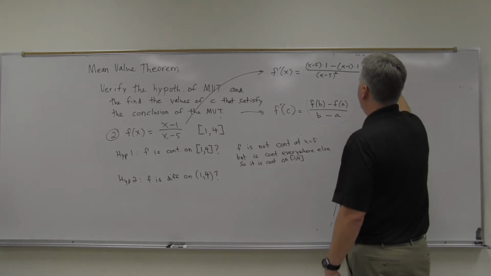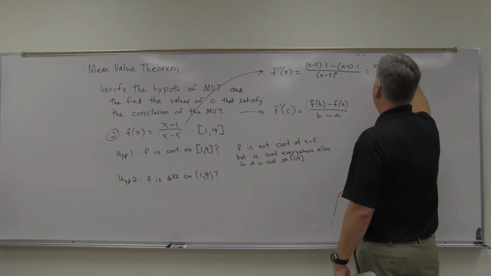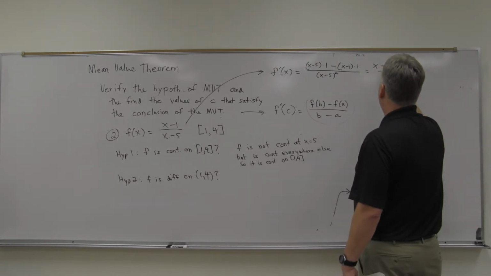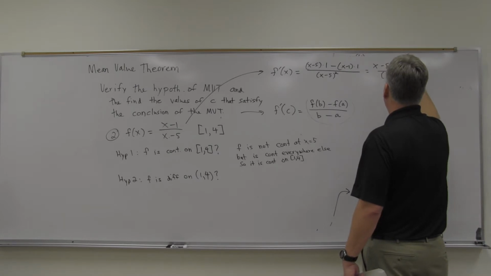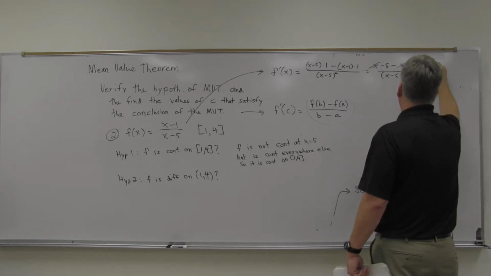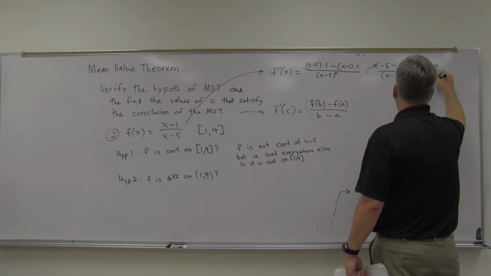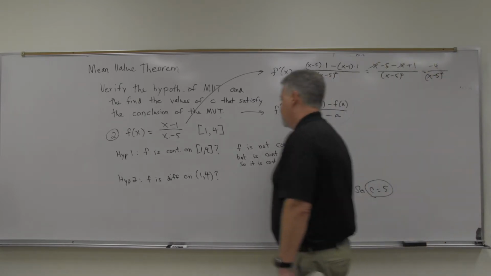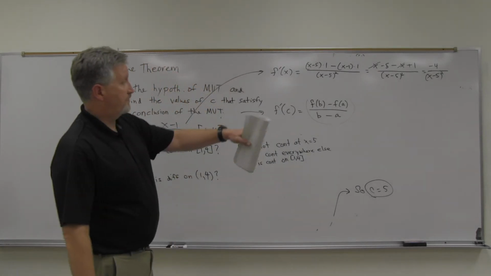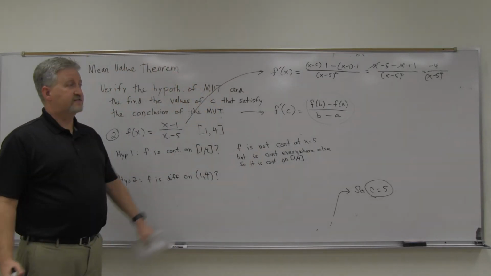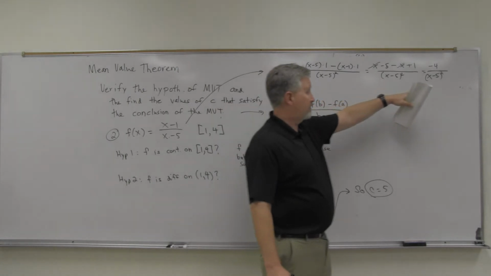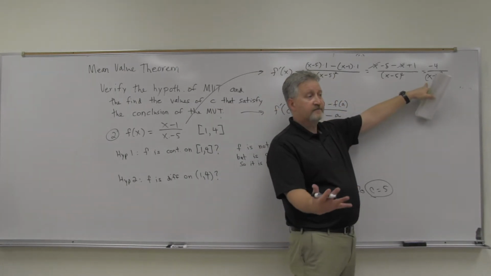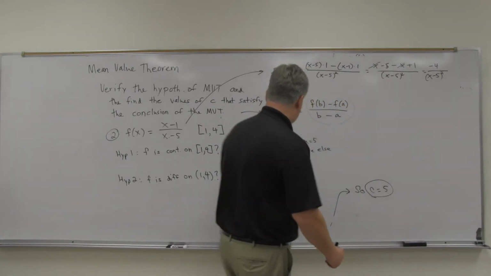That's going to be x minus 5 minus x plus 1 divided by x minus 5 squared, which is just negative 4 over x minus 5 squared. That's my derivative. Looking at that derivative, again, the only place I'm not going to have a derivative is at 5.